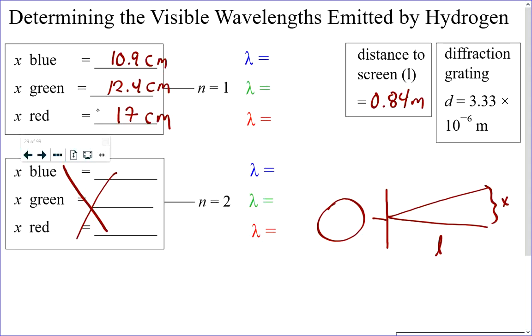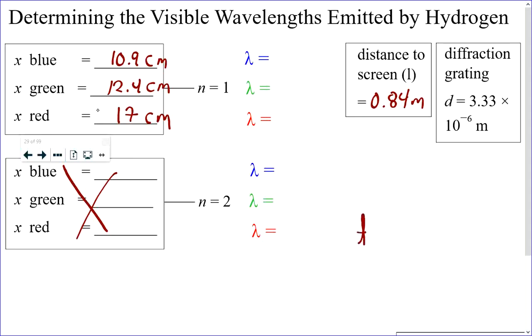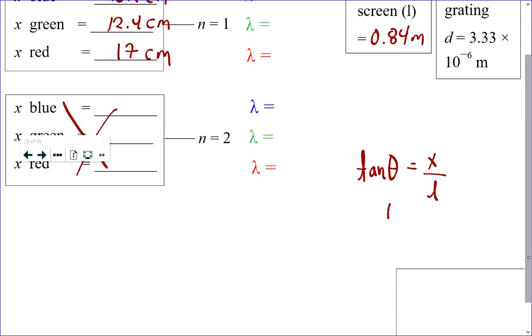So what you need to do, and I'm going to give you 4 or 5 minutes to get some numbers here, is use tangent of theta equals x over L to find theta for each of these. And then you need to use lambda equals d sine theta over n.